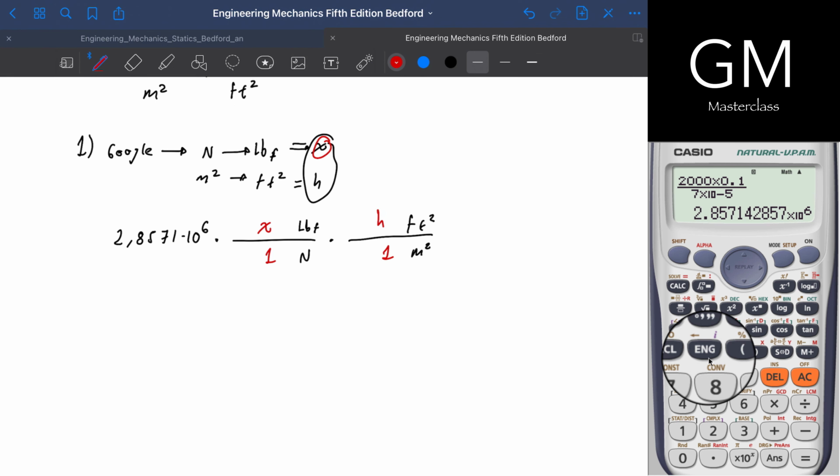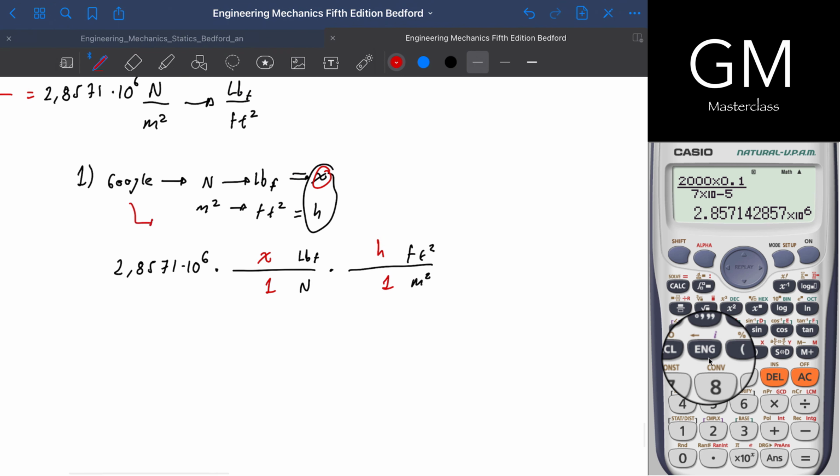I am complicating myself too much, because I could Google just Newton per square meter to force pound divided by square feet, and maybe Google will give me the answer, or maybe it will suggest some calculator, and I just have to write down this, and the calculator will give me the final answer.